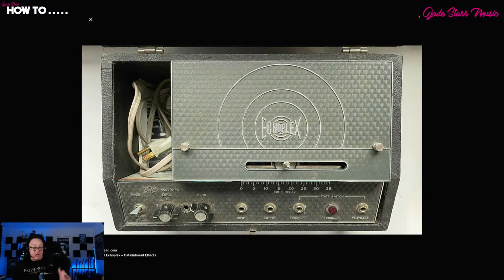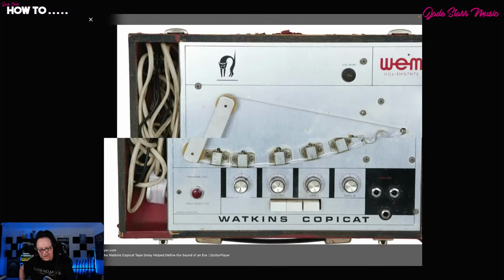People started building these devices to try and just capture the echo, instead of the actual tape reel for recording. Essentially the same thing is inside here, right? With the magnetic heads and tape running around. But look at that, man. Look at the power cord. Crazy stuff. This one's not going to load, obviously.